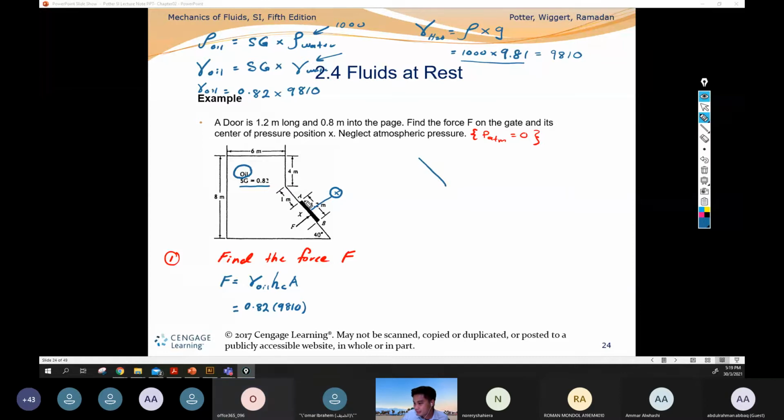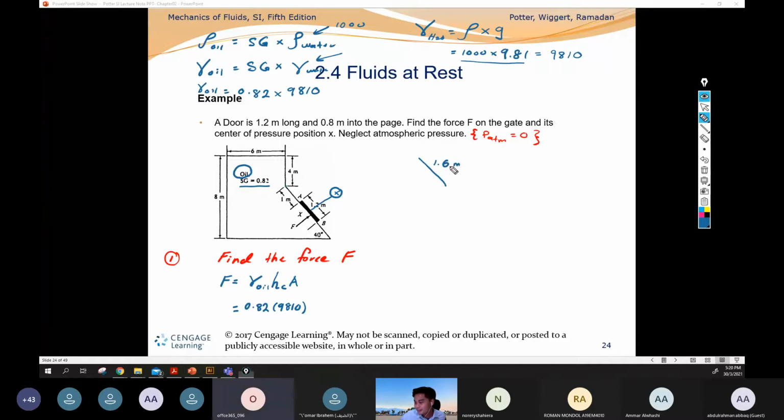So this is 1 plus 0.6. So what is it? 1.6. Okay, 1.6.